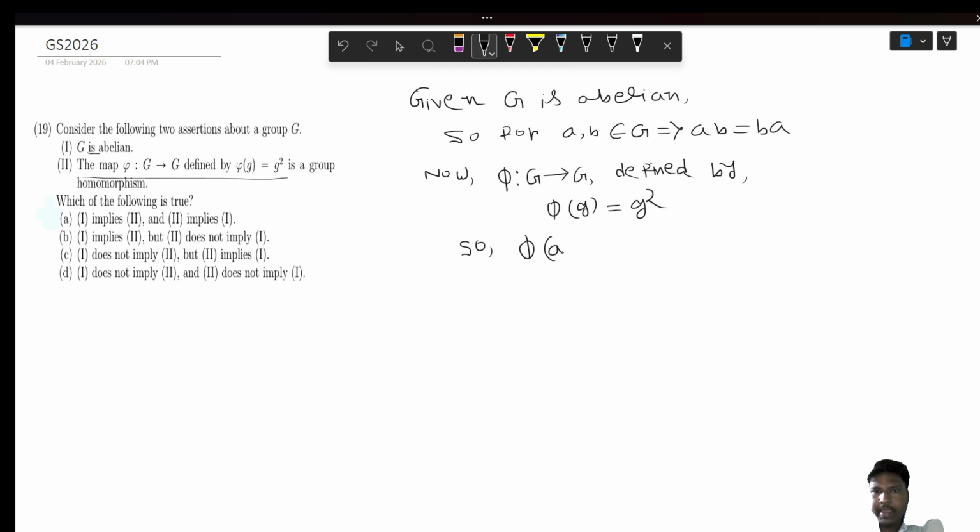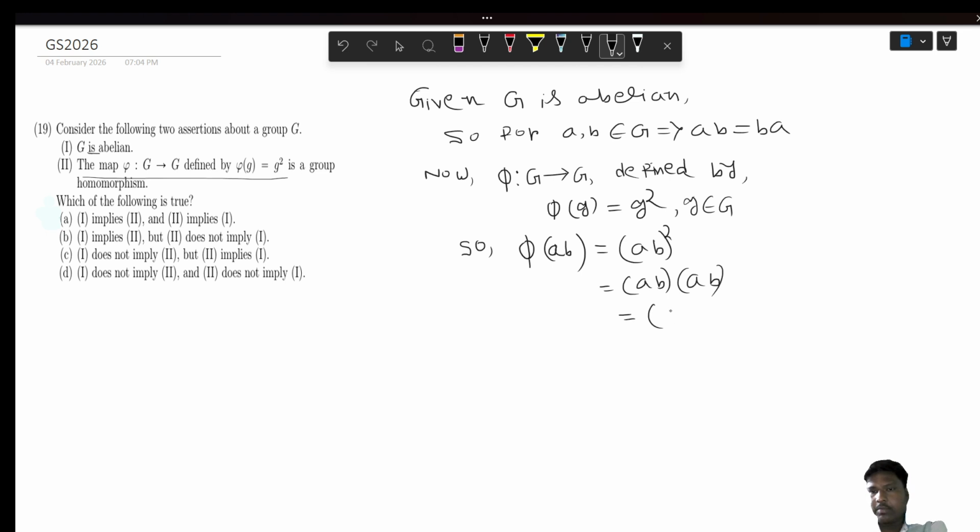So phi of ab equals to ab square, where g belongs to G, so ab belongs to also G. So this gives ab times ab.